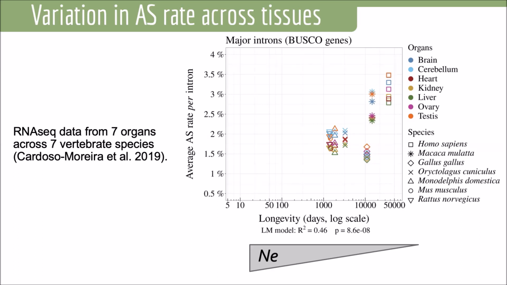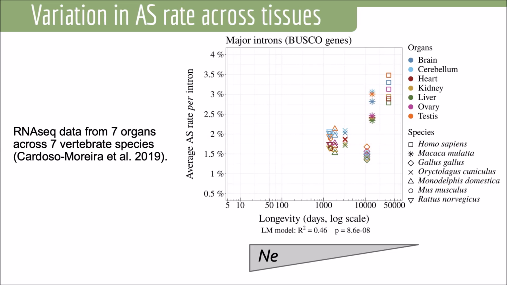And so to evaluate to what extent this might affect our results, we focused on a data set that was compiled by the group of Henrik Kaessmann, where they used the exact same protocol to extract RNAs from 7 homologous organs across 7 vertebrate species.